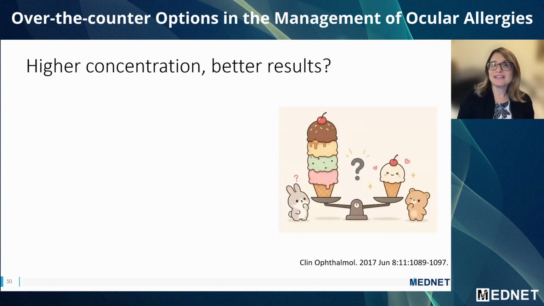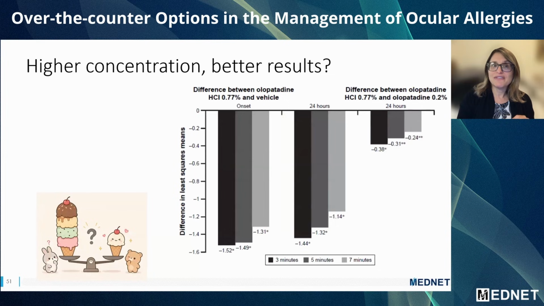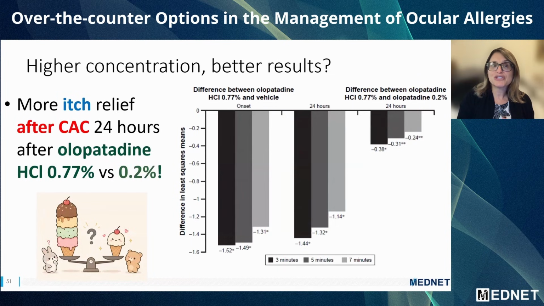And so the question then is, is higher concentration better? Do you get better results? Olopatadine is available in different concentrations, 0.77%, 0.2%, and 0.1%. One study compared the different concentrations. And what they found is that, yes, you got more itch relief after 24 hours with the higher concentration of olopatadine.